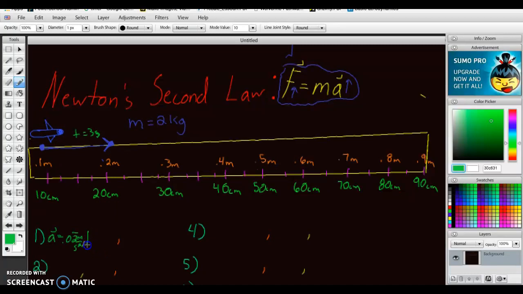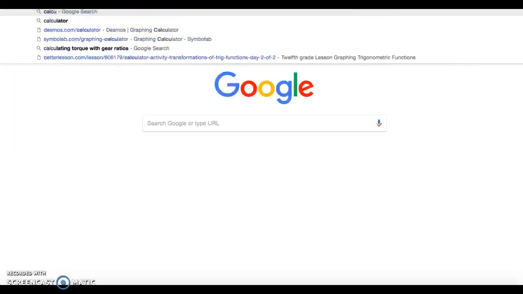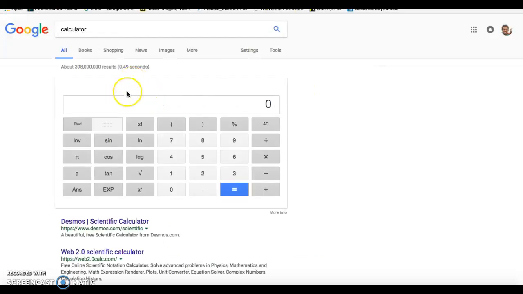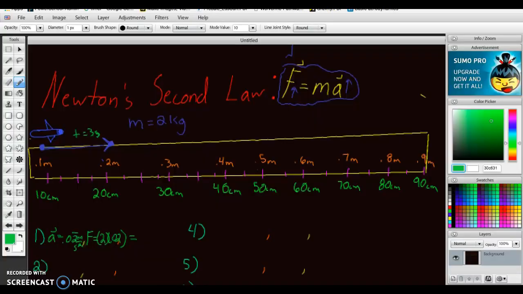F equals 2 times 0.03, where 2 is my mass and 0.03 is my acceleration. The force is 0.06 newtons.